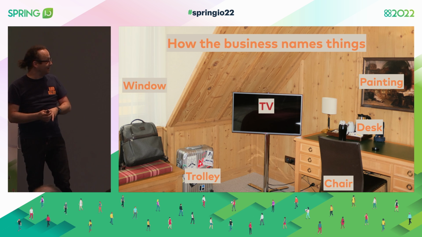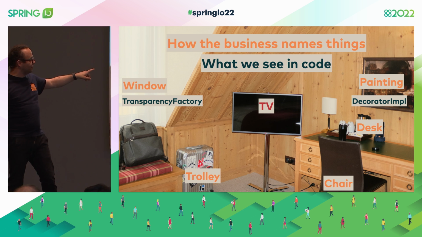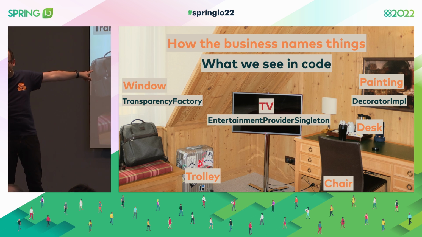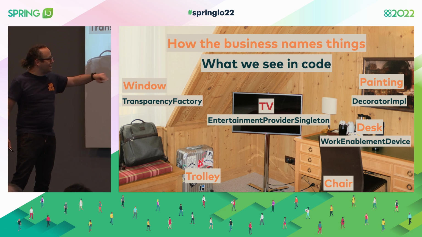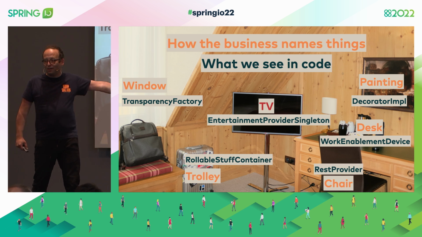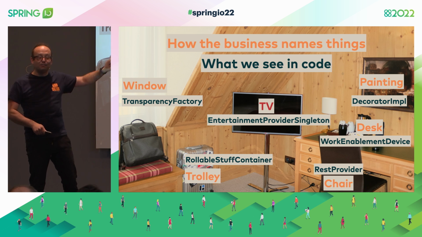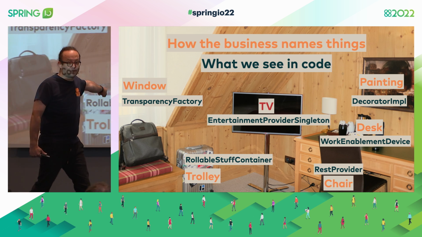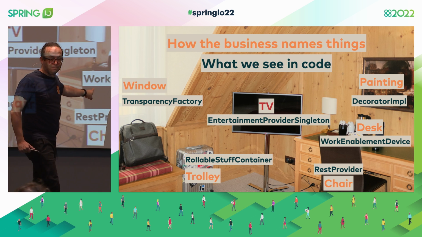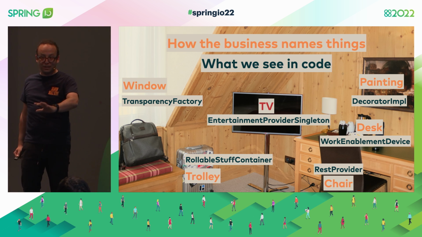I see class names like Transparency Factory, Decorator Impl, Entertainment Provider Singleton, Work Enablement Device, Rollable Stuff Container, or REST Provider, or something like that. And sometimes that language even leaks to the business, and the business starts talking that language as well. That's a very nice source of a lot of evil out there.